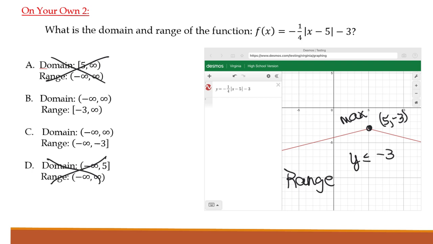To write this, -infinity always is going to go on the left-hand side, and it is going to -3, which is a bracket. So the range should be from -infinity to -3. If the graph is going down, then that range is going to be -infinity, and that has to go first in the range.